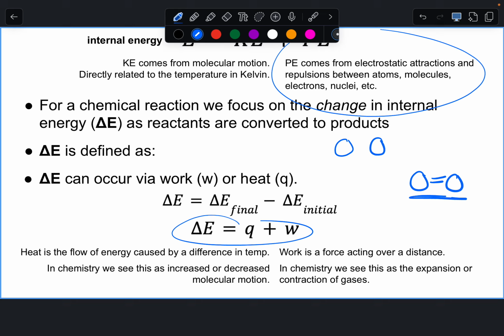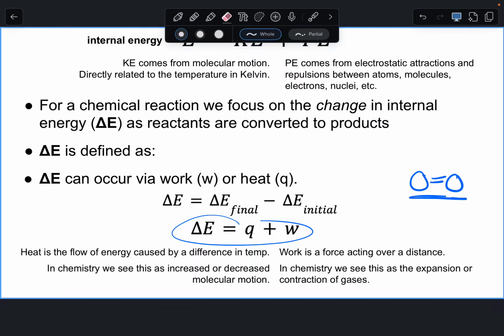Now, a chemical reaction is more complicated because you're breaking bonds at the same time as you're forming bonds. But overall, you want to know how that potential energy changes. And it really comes down to how the bonds are forming, how the interactions are happening. Okay, so those are the two types of energy that go into it when we say E, we're talking about those two types of energy.